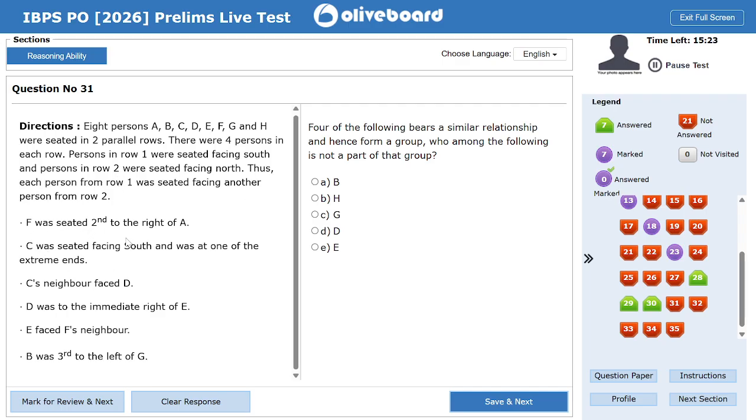So if was seated row 1 are facing south and row 2 north, thus each row another person.